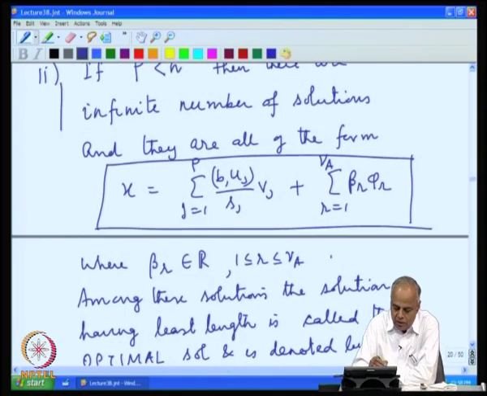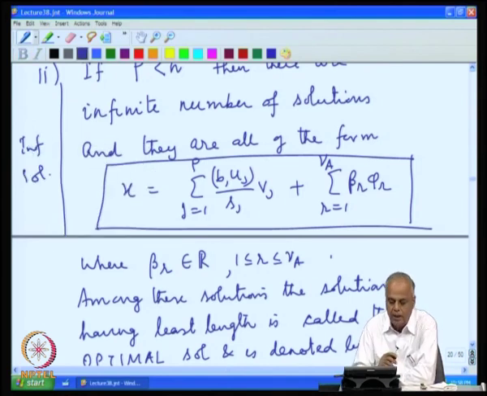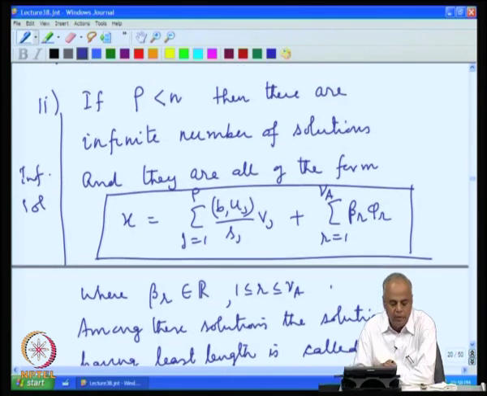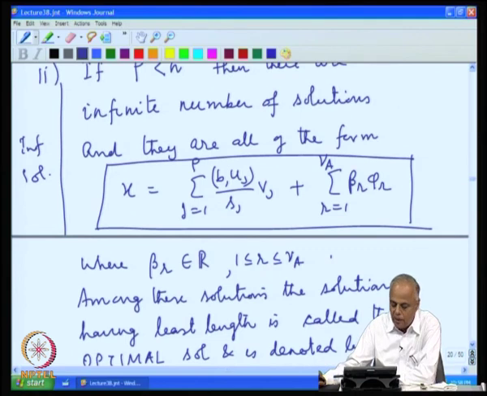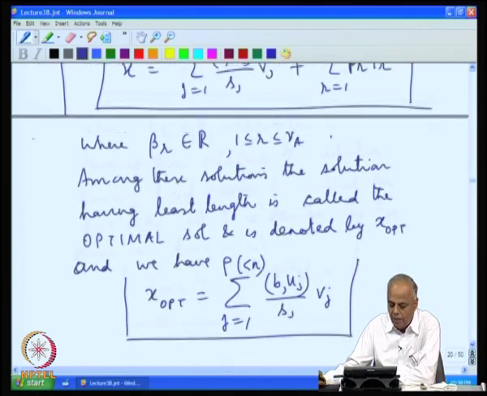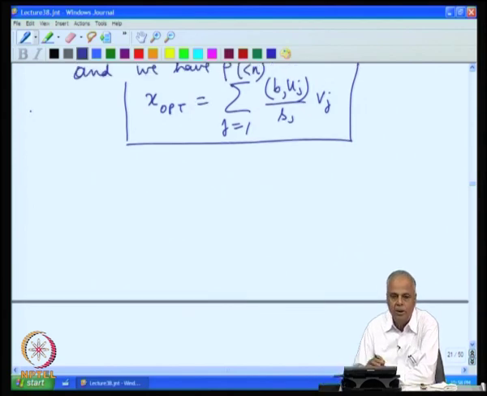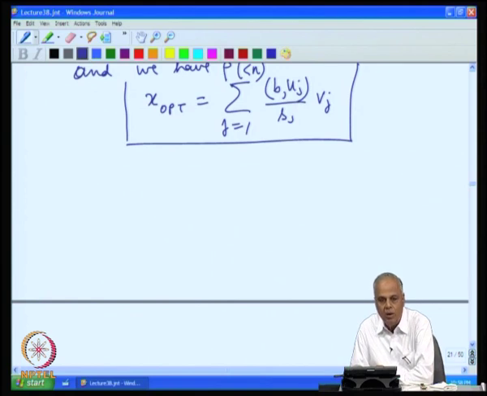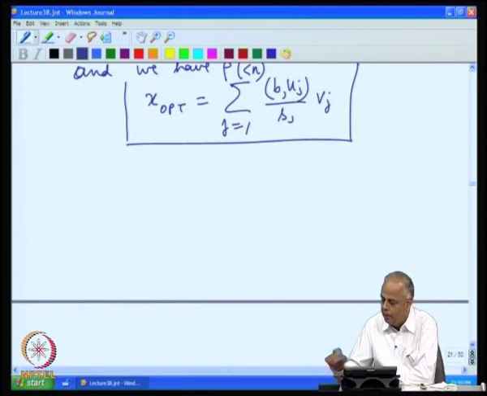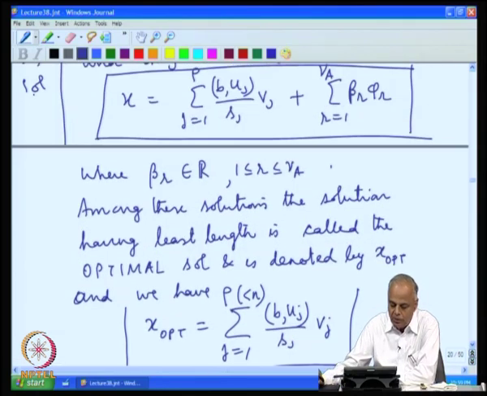This is the case when rho is less than n: we have an infinite number of solutions, and we know how all the solutions look, and from that we know how to generate a representative solution, namely the solution with the least length, or the optimal solution. All these are obtained in terms of the basis we have chosen.